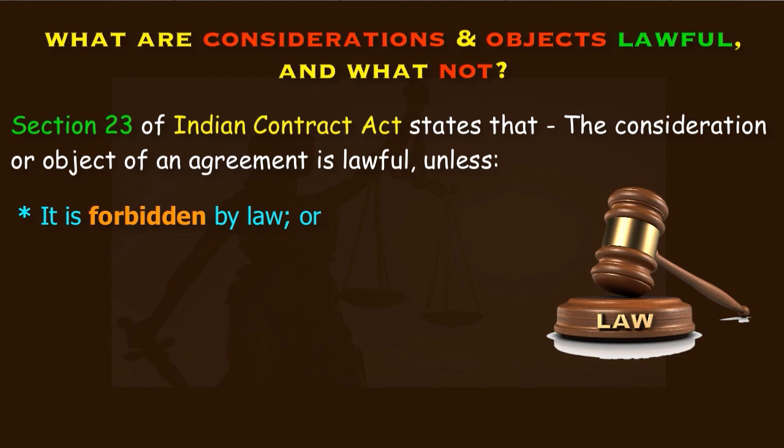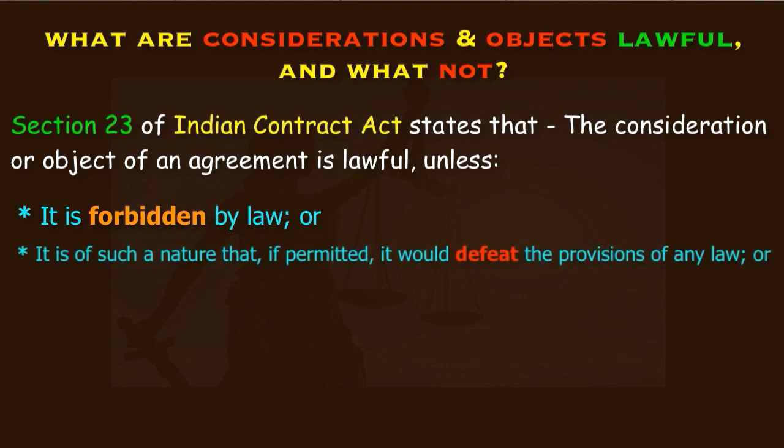If law doesn't prohibit or restrain, then it is lawful. It is of such a nature that if permitted, it would defeat the provision of any law. It means the item that you are going to trade is of such a nature that if it is allowed, then it will defeat the nature of the law.